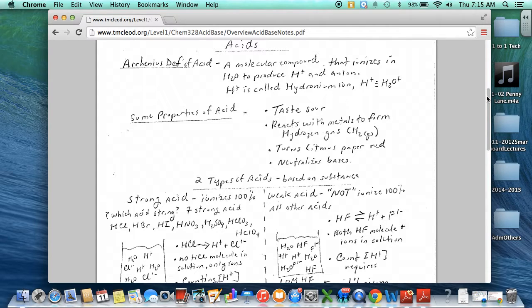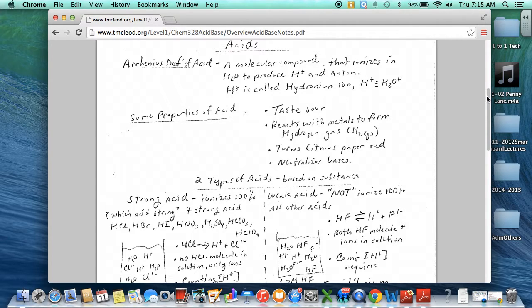We use the word ionize here instead of dissociate. Dissociate means break up into its base parts. Ionize actually is a chemical reaction. The thing is, acids are not ionic compounds, but we treat them as such.